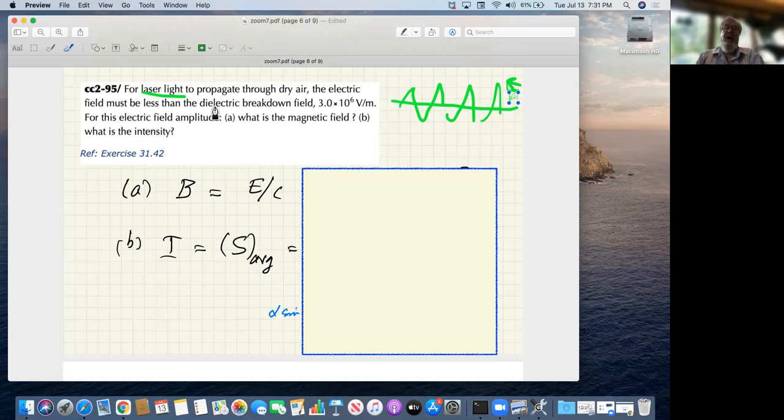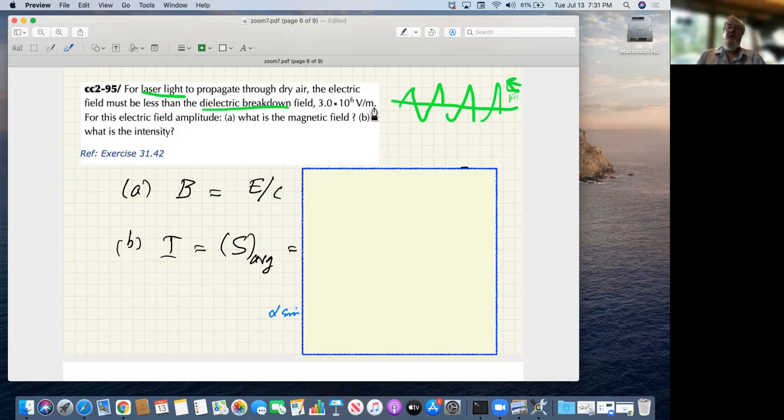Then all bets are off, because the electromagnetic waves are Maxwell's solution in empty space, where there is no charge. Well, if you're producing sparking in the air, that's called dielectric breakdown, and that means there's charge present and things will be different. So in order to have the equations for propagation, you have to have the electric field less than the dielectric breakdown field, 3 million volts per meter.